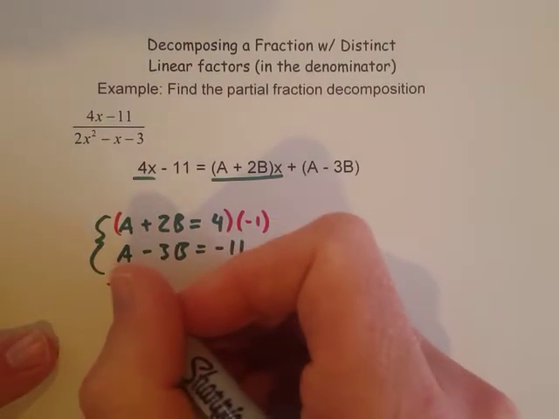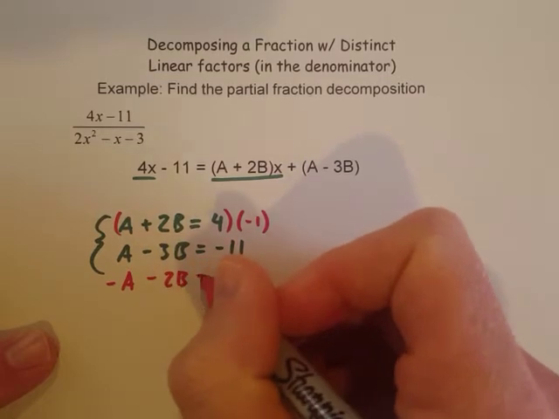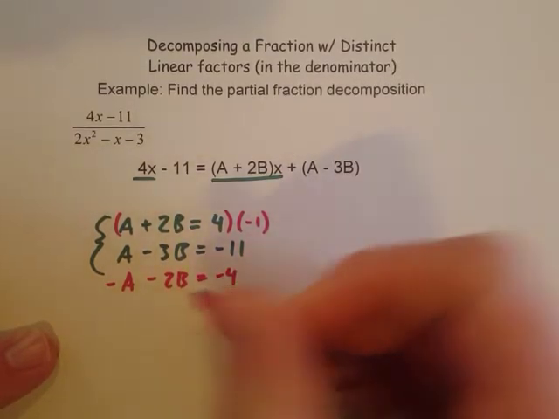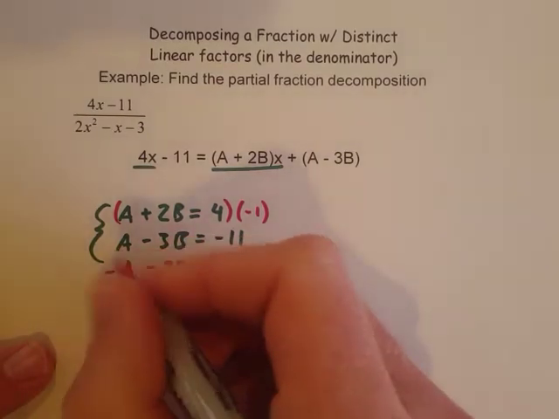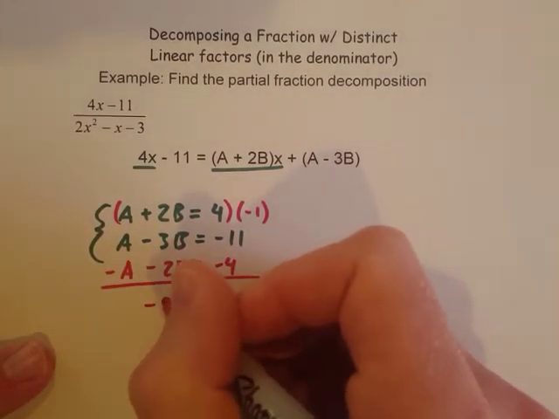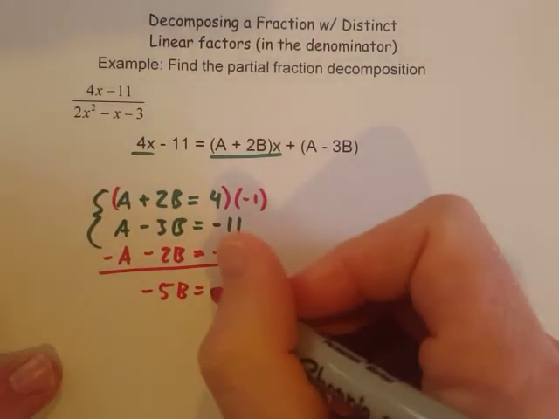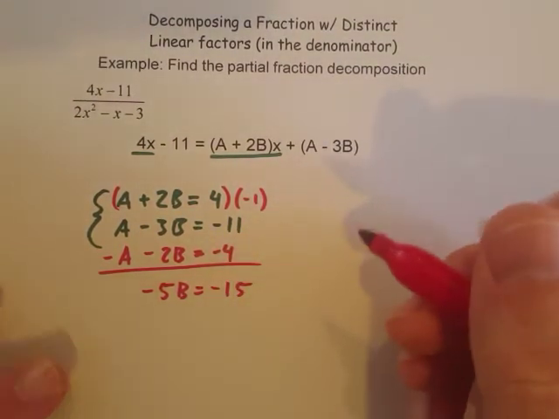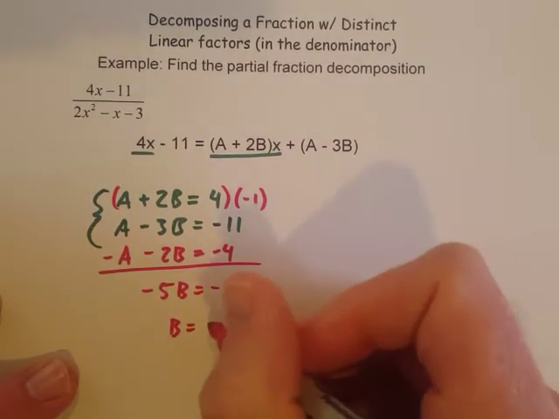So then I'll have negative a minus 2b equals negative 4. Add those together, and the a's cancel out. I get negative 5b equals negative 15. So knowing that, I can say that b is going to be equal to 3.